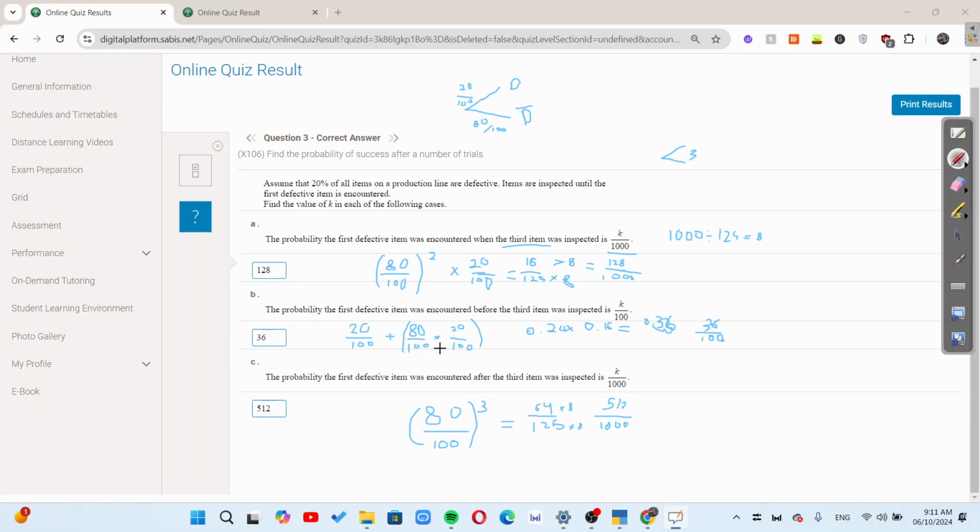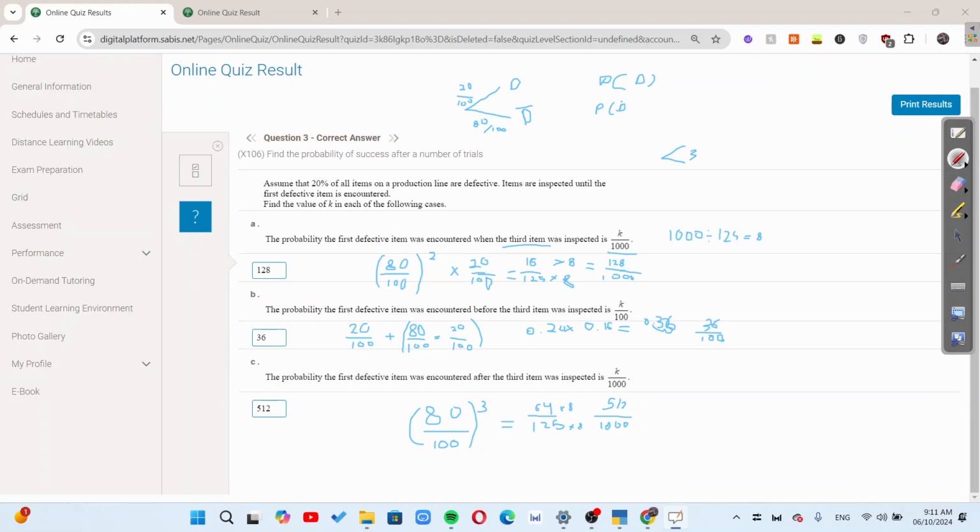Second one, you have to assume that it's either the probability of defective, because they told you stop when the first defective item is encountered, or you got the probability of not defective and then defective.